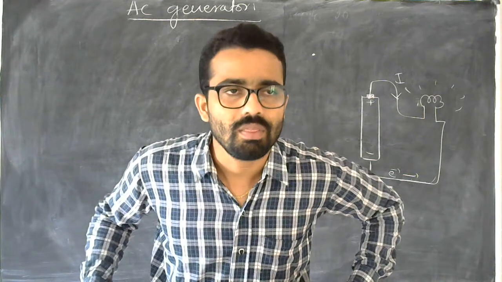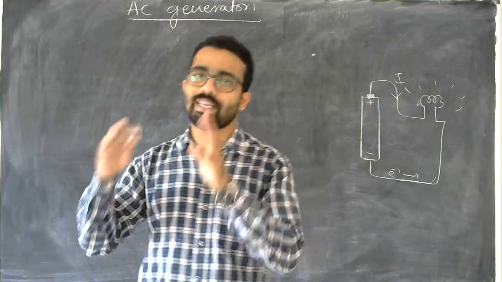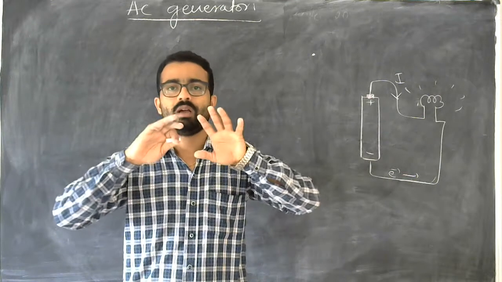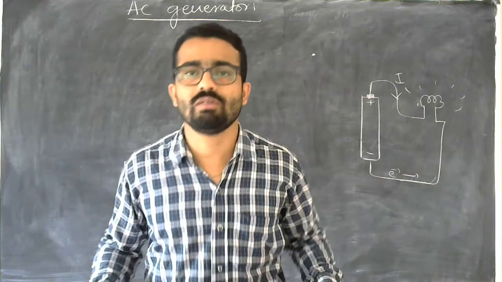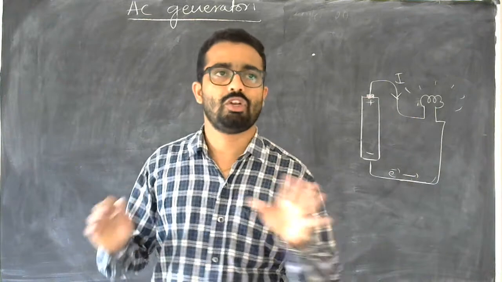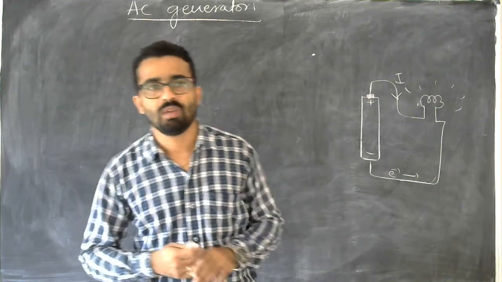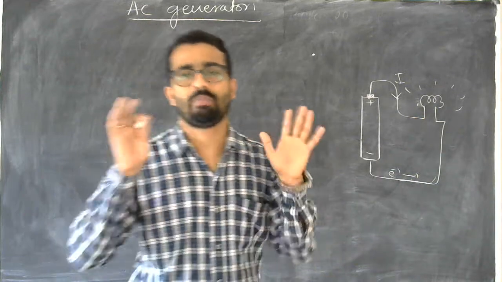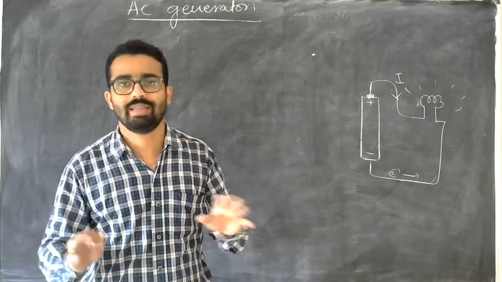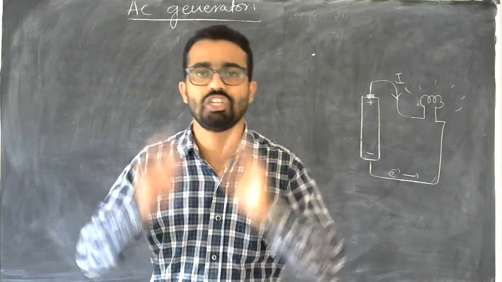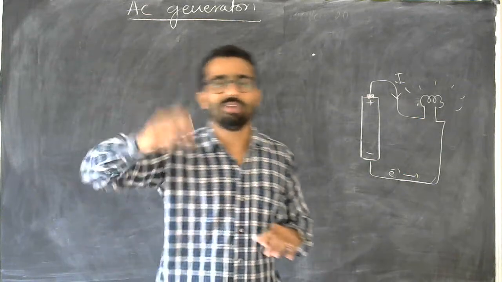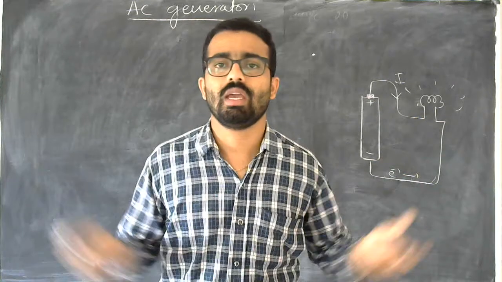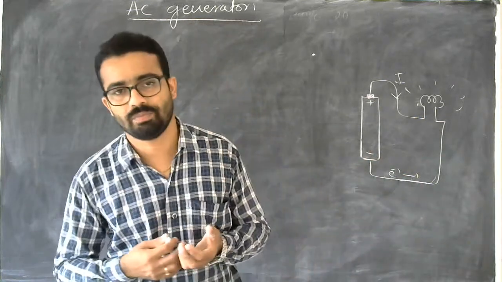Then what is the functioning of that AC generator? How does it work? You might have seen it from the outside. What you have observed is it has a wheel and some metallic components, some boxes in that machine, and that wheel will rotate. After rotating, there will be generation of current.